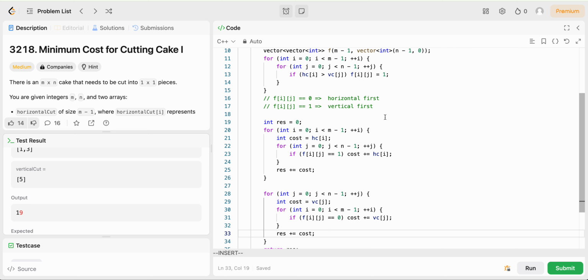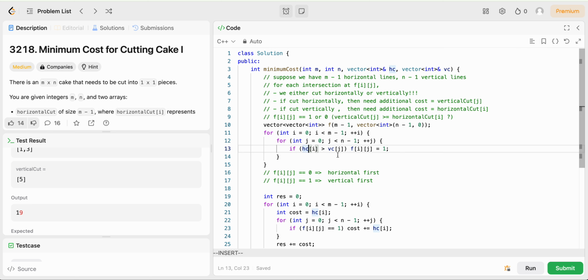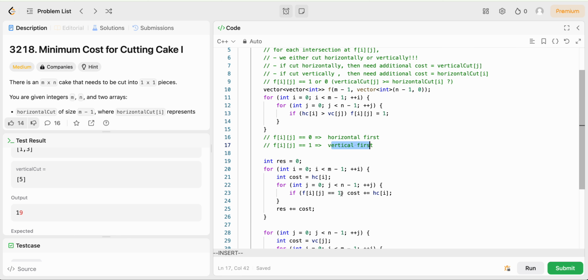Let's do another debug. So if HC is greater than VC, Fij is 1. This means the horizontal cost I is greater than the vertical cost. So it is vertical first. So here 1 means vertical first.